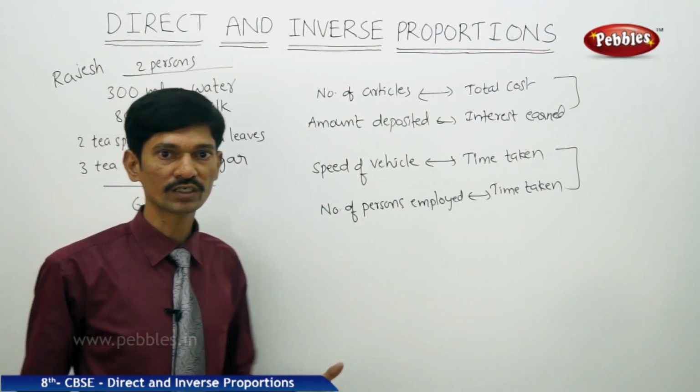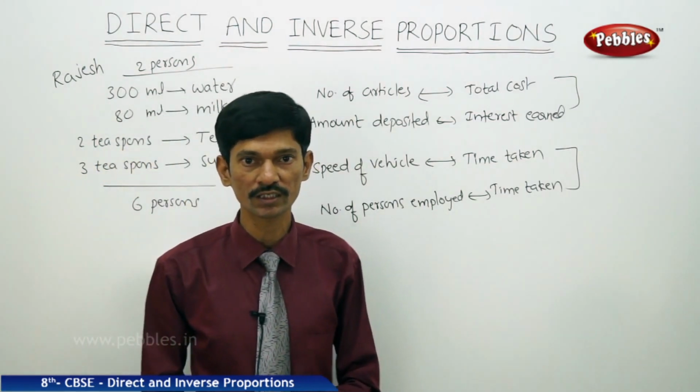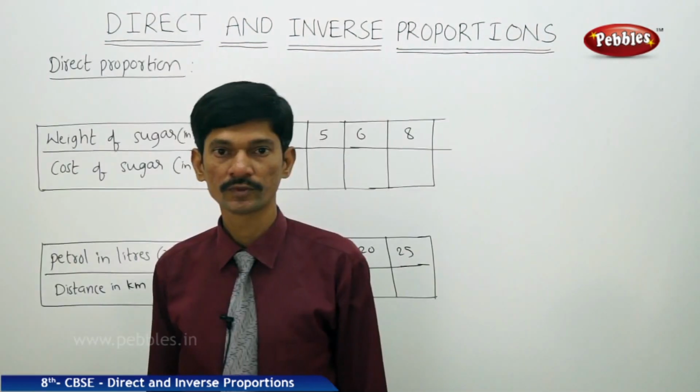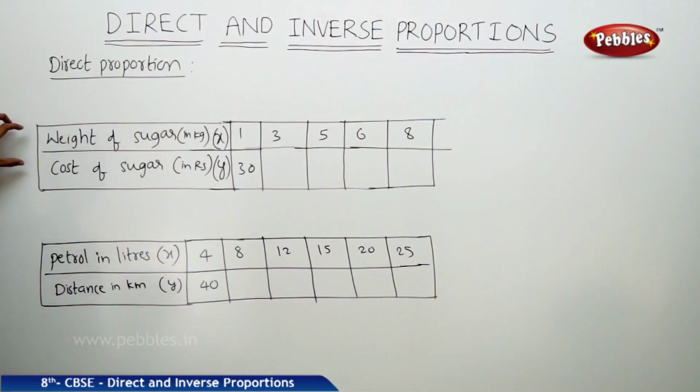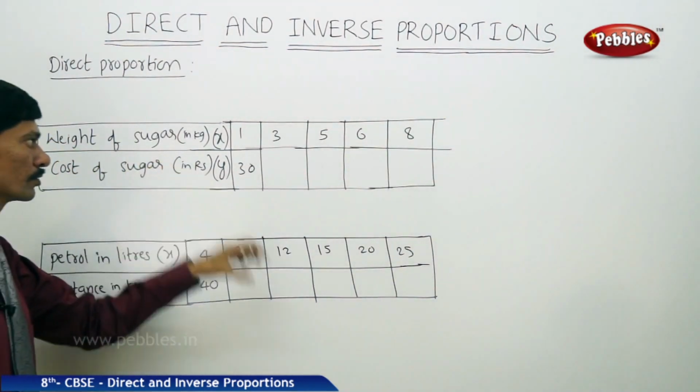Now let us see what is a direct proportion and what is an inverse proportion. Now let us discuss what is direct proportion. So let us take an example to understand direct proportion. Now in the table, the first row is given as weight of sugar in kilograms, and in the second row the cost of sugar in rupees.